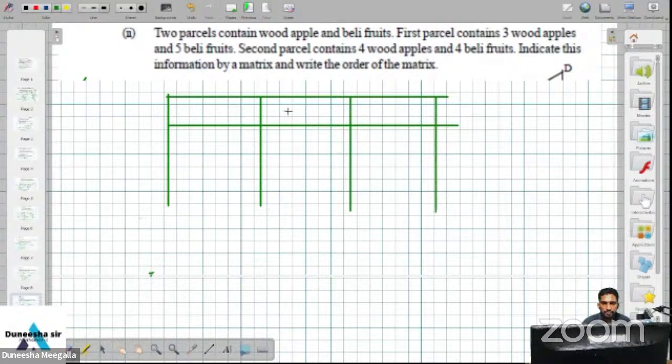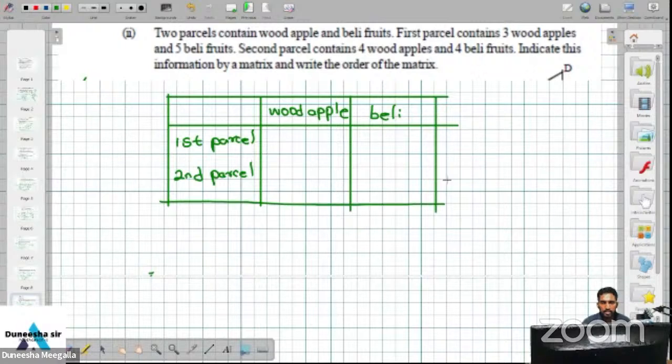Okay. Wood apple, belly, first parcel, second parcel. Can you contain it in a table?